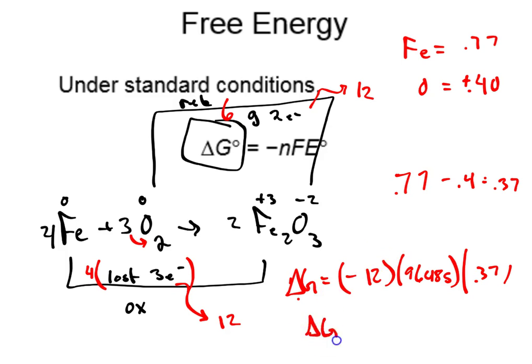We end up with delta G equaling what? Wow. Does that number seem ridiculous? Yeah, but it's joules, so it's not really. It's 428 kilojoules.